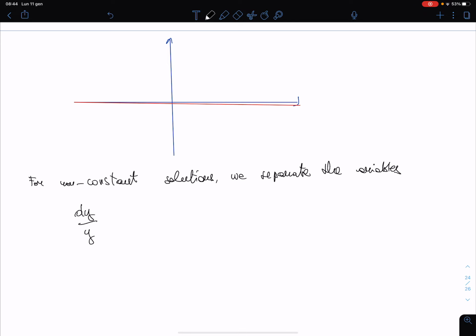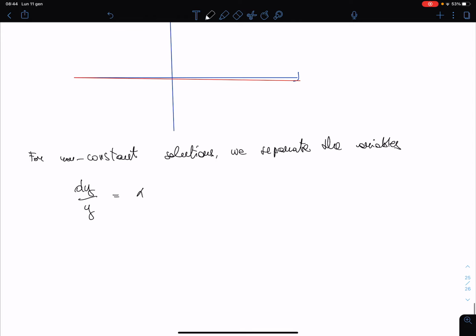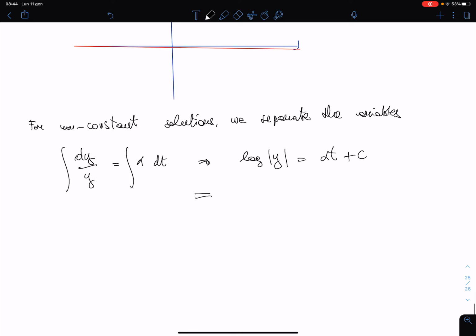And we have dy over y is equal to alpha. This is the integration, so log absolute value of y is alpha t plus c, and then absolute value of y is e to the alpha t plus c.